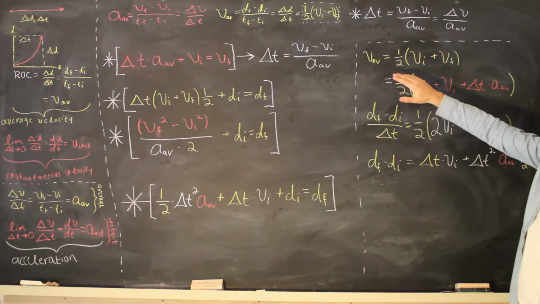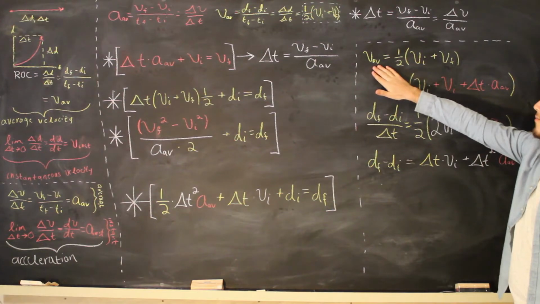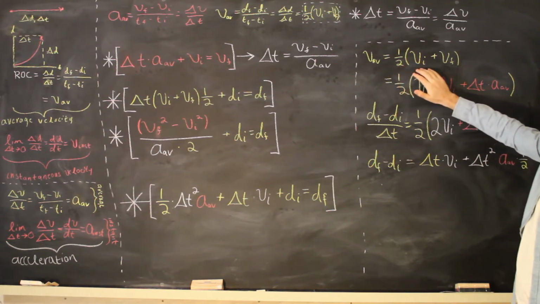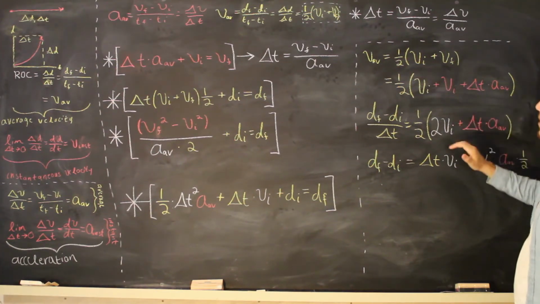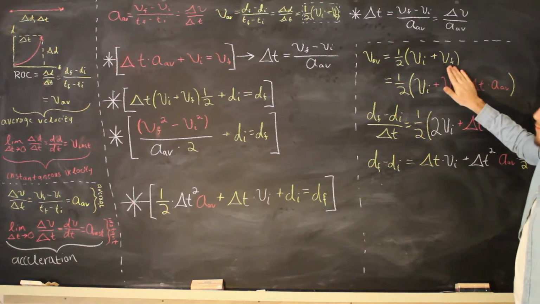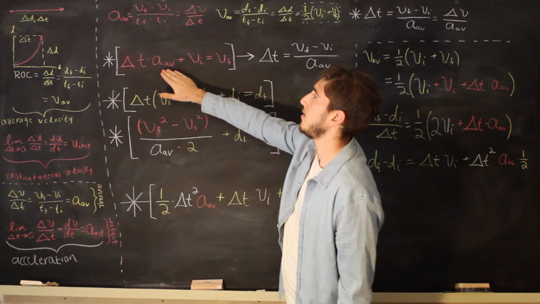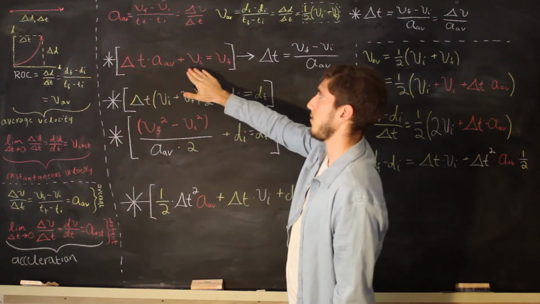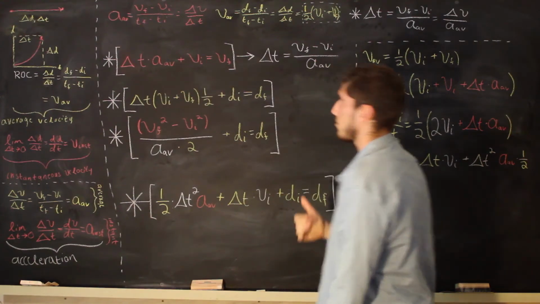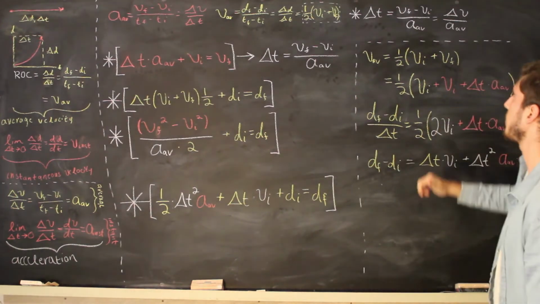So this derivation starts with a velocity average, which is equal to 1/2 times v initial plus v final. But we know what v final is, right? We know that v final is equal to change in t times average acceleration plus velocity initial. So why don't we just plug in for v final?